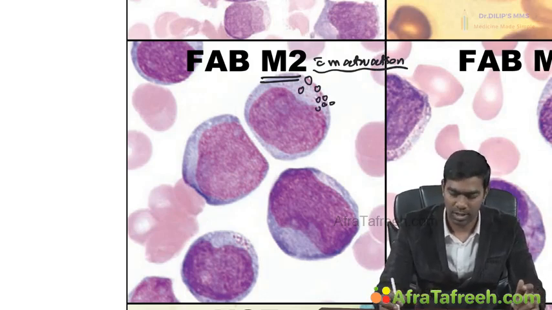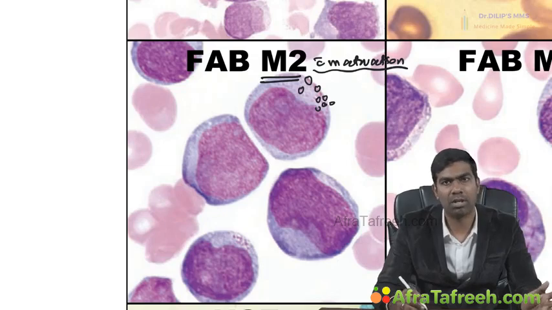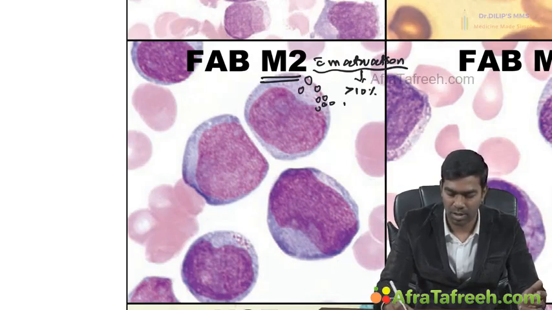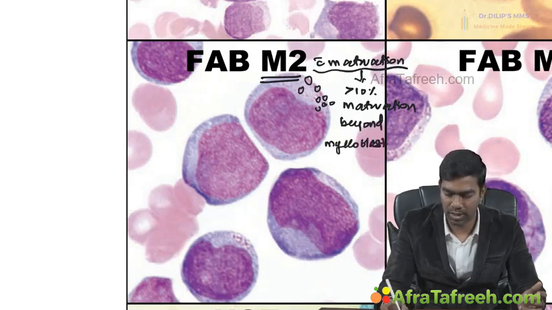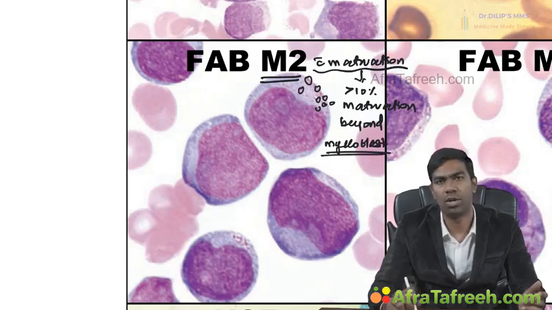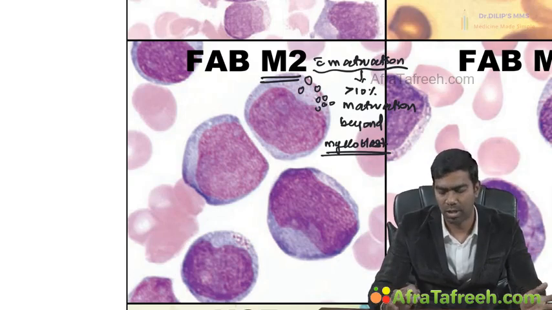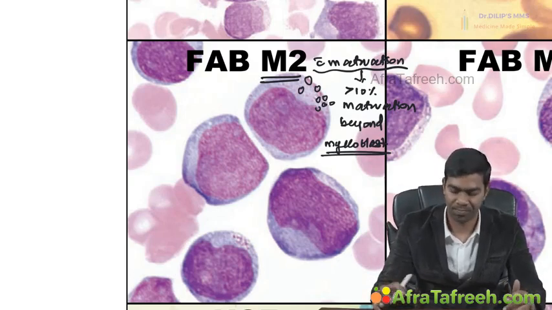But by definition, more than 10% of the blasts should have maturation beyond the myeloblastic stage. This is the only thing that differentiates M1 and M2: M1 is less than 10% maturation beyond myeloblast, whereas M2 is more than 10% maturation beyond the myeloblast.